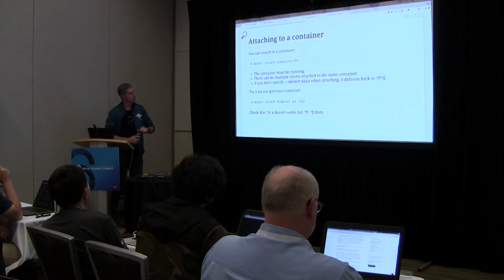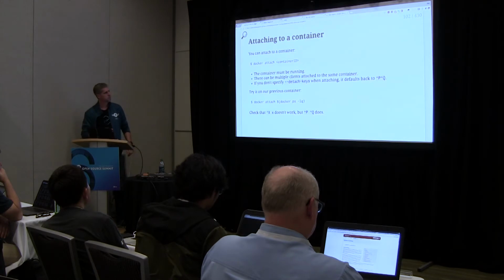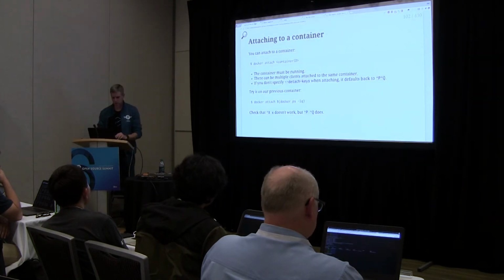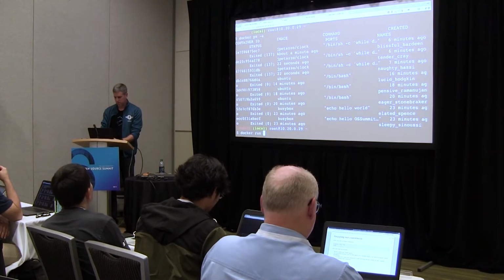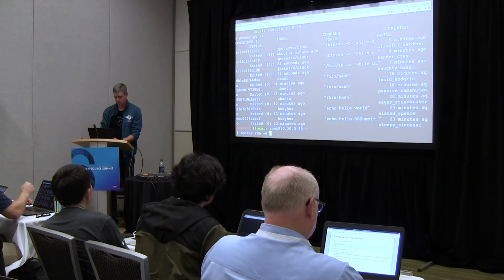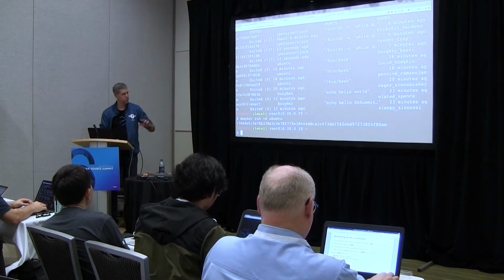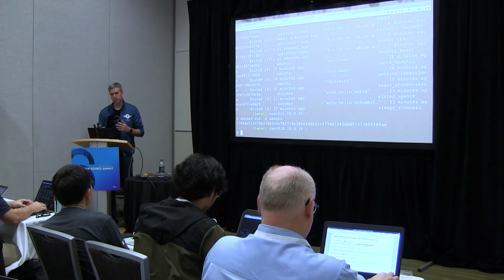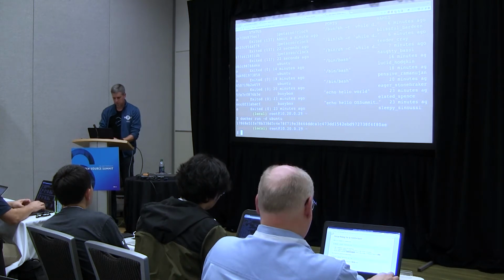So we need a running container for this. One way to do that would be to go back to, actually no, we want a background container. So if we have Ubuntu running in the background, which is effectively running a shell, that's the default command. So I did docker run -d ubuntu.